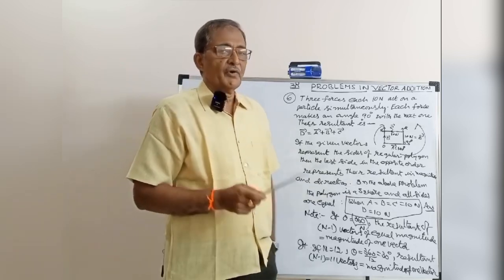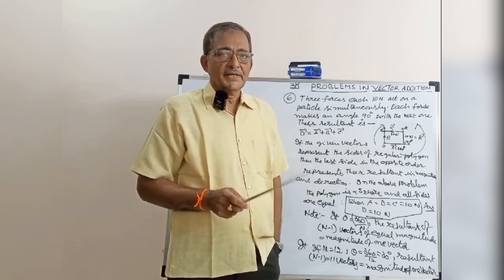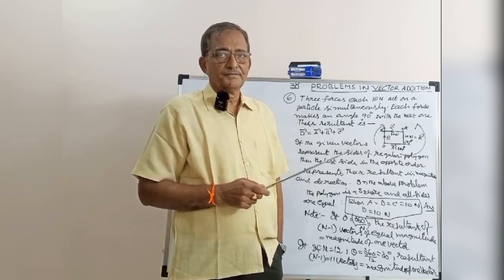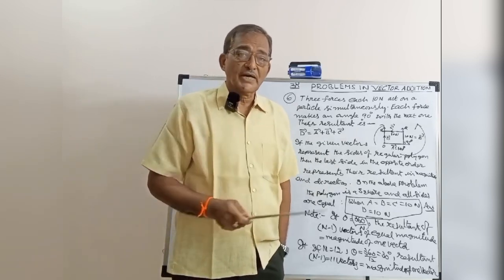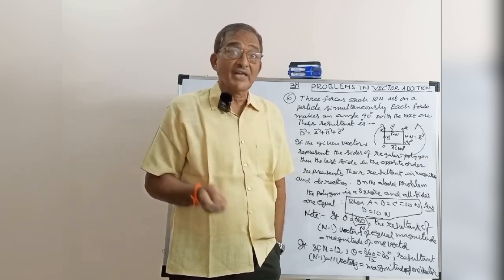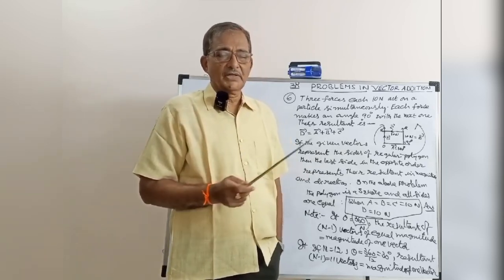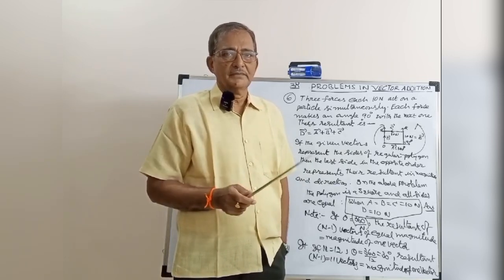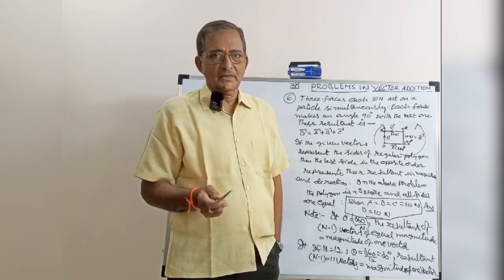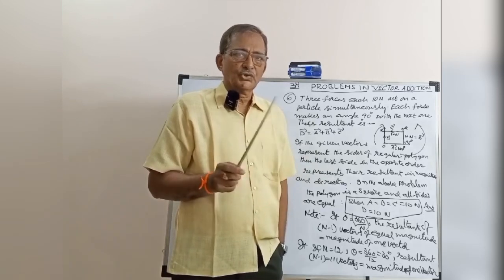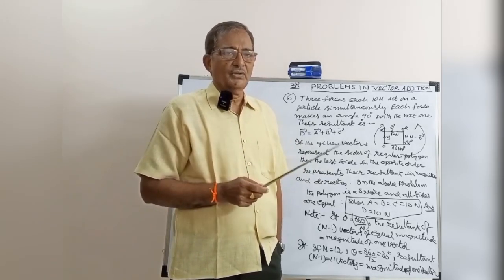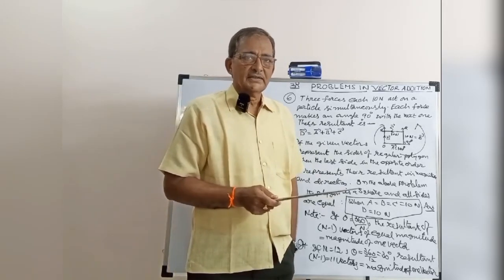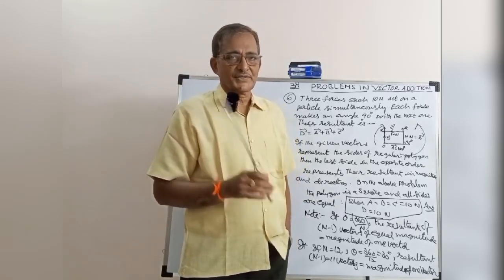Suppose you want to add n minus 1 vectors, you have to consider a polygon of n sides because to accommodate the resultant, one more side is required. The vectors are n minus 1 and the resultant is 1, total is n vectors. So, we have to consider the polygon of n sides.